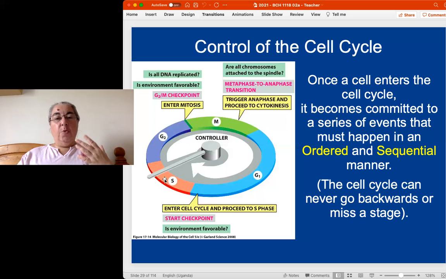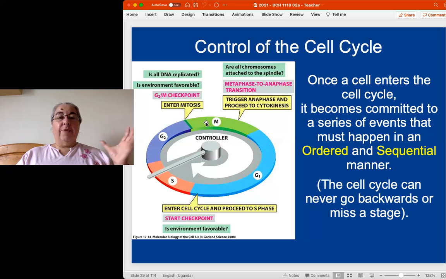If there is something wrong and DNA replication can't finish, the cell will stay here in G2 and not go on to divide. Because if the DNA wasn't all replicated and the cell did go on to divide, one of the new cells wouldn't get a full set of the genetic material. And that would be bad.